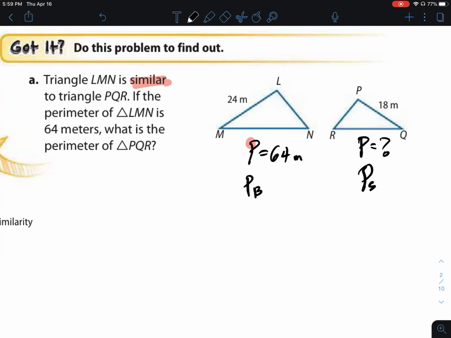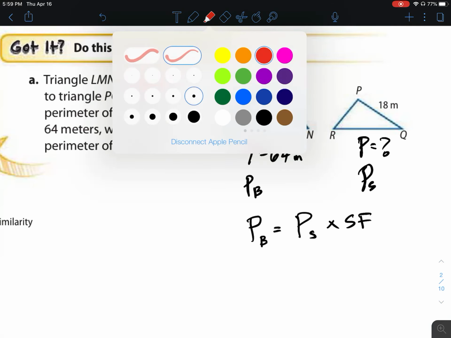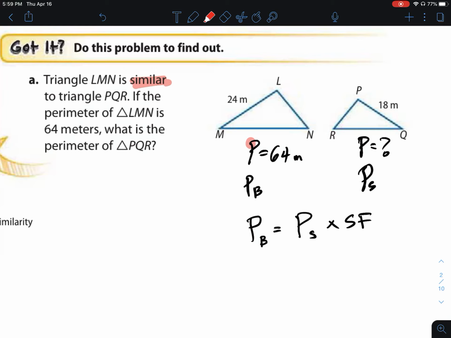Okay, let's go back to our formula. The perimeter of the big figure is equal to the perimeter of the small figure times the scale factor. We don't know what the scale factor is. We know for a fact, though, that PQ corresponds with LM. That means we can get our scale factor from there. So remember our scale factor now.